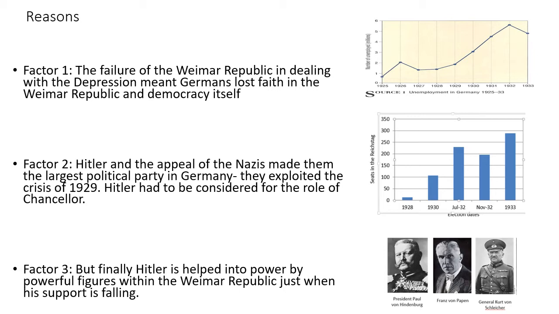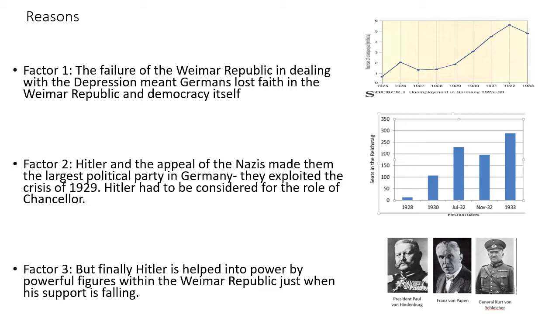But the final factor, factor 3, this is where it gets more subtle and more complex. Because actually Hitler, in the end, is helped into power by powerful figures within the Weimar Republic itself, just when his support was actually falling in Germany, and Germany was experiencing some economic recovery.